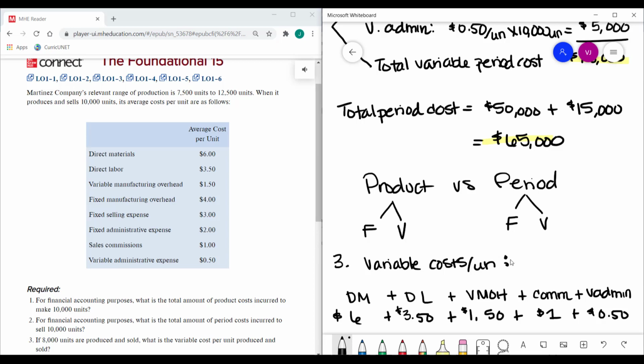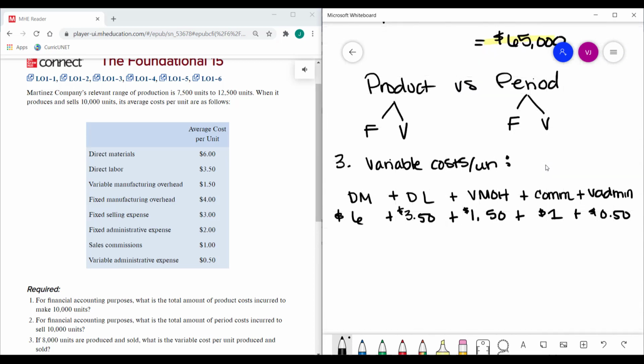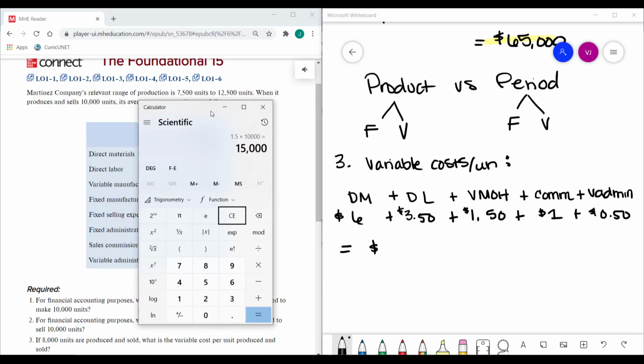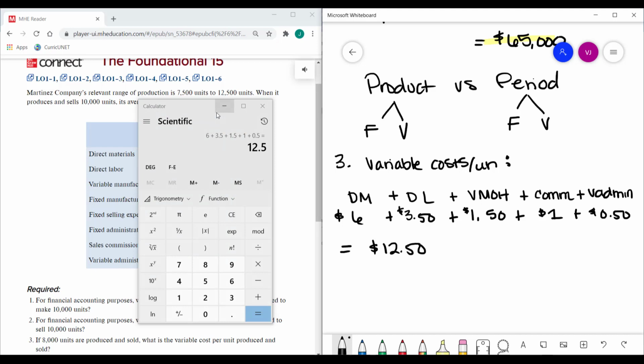So we're just going to add all of these variable costs per unit together to find out what the total variable cost is per unit produced and sold. So we'll take the $6 plus $3.50 plus $1.50 plus $1 plus 50 cents. That comes out to $12.50 of variable cost per unit, just on a per unit basis.